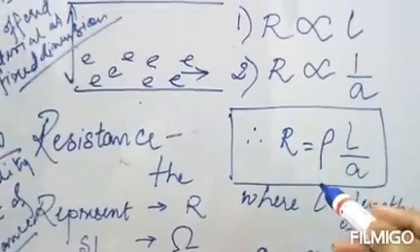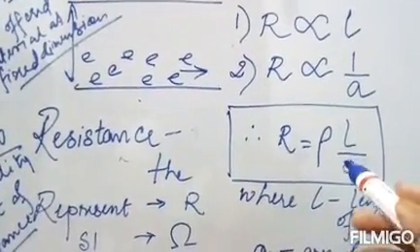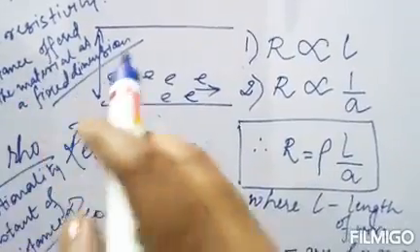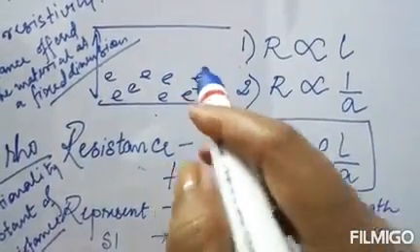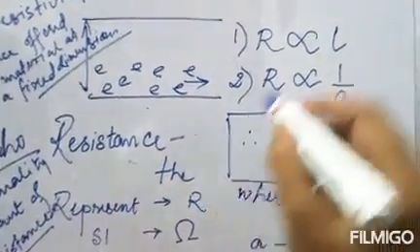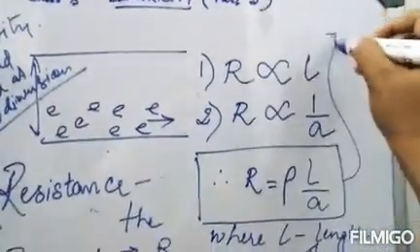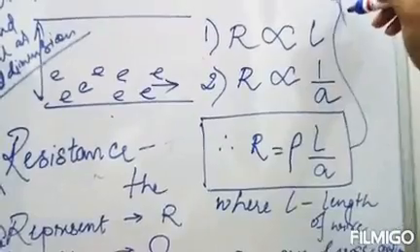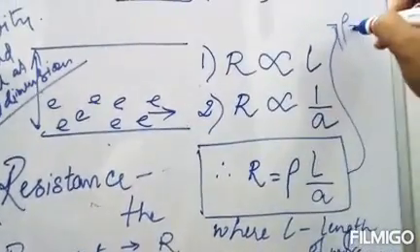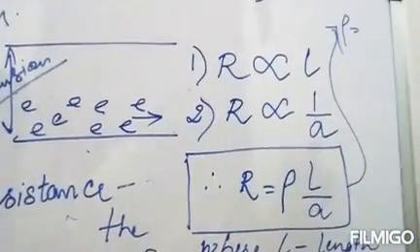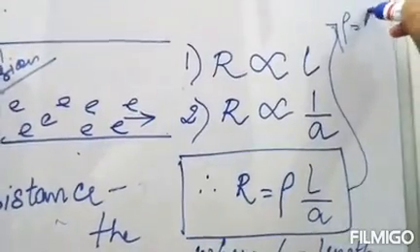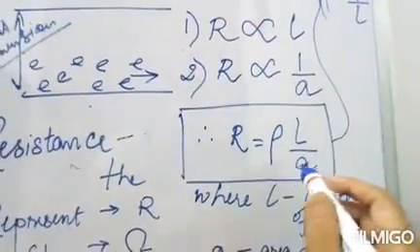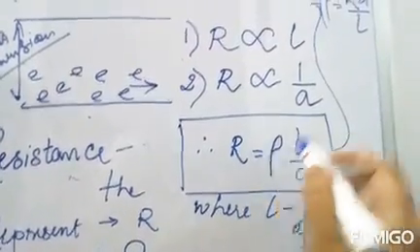And resistivity means the resistance offered by the material at a fixed dimension. And how do we find out resistivity? From this, resistivity can be found: rho is equal to R into A by L. What is R into A?